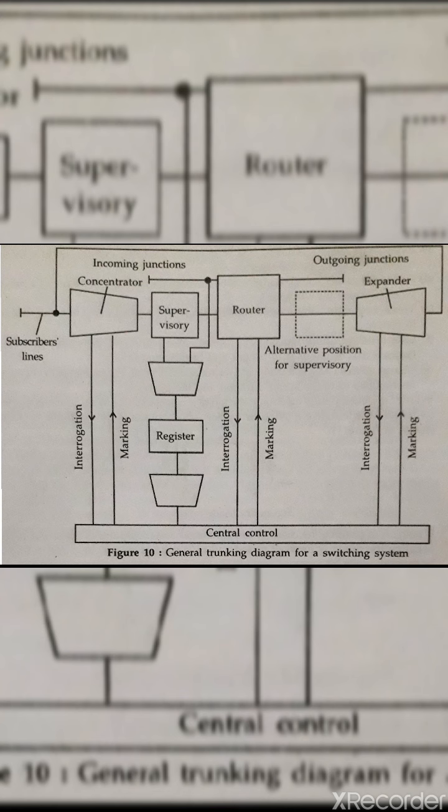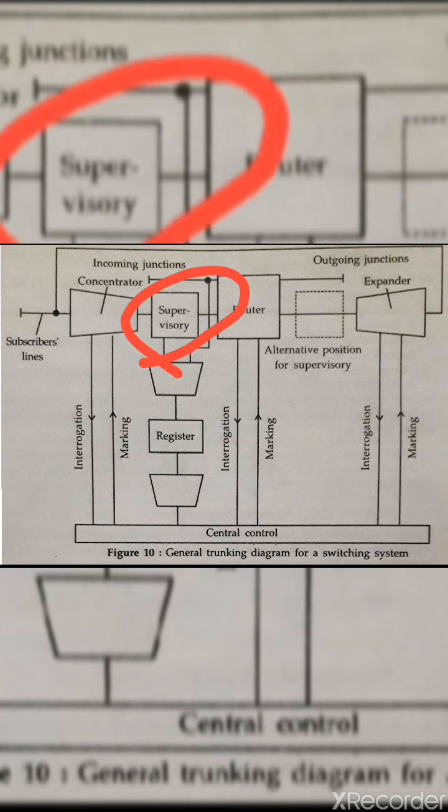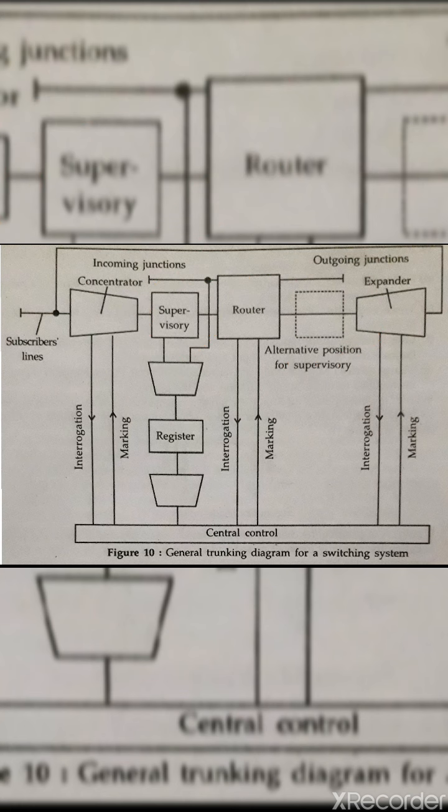As you can see, the supervisory relay can be located in two positions: the one is this and the other one is this. For a local call, it is provided by a relay in the final selector circuit. For a junction call, it is provided by an outgoing junction relay set.